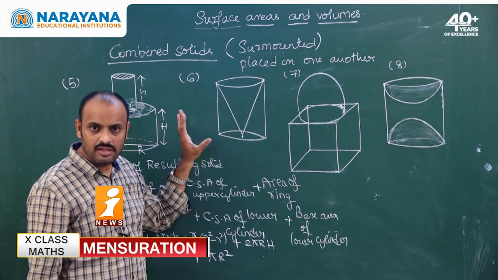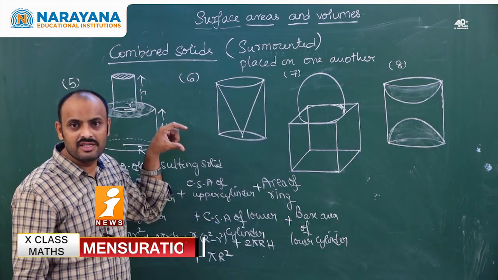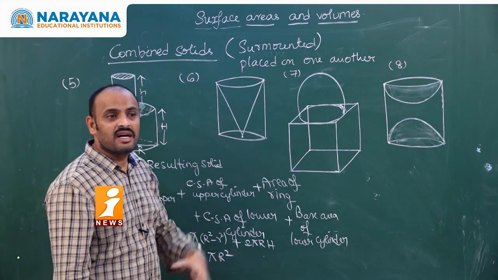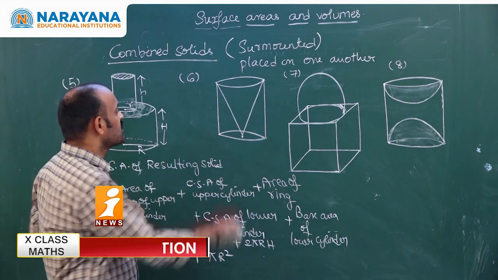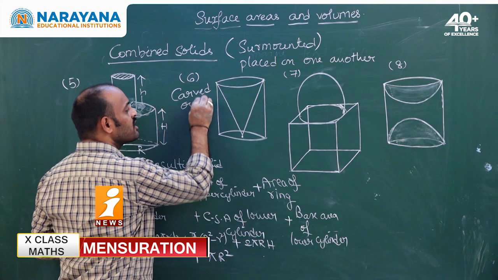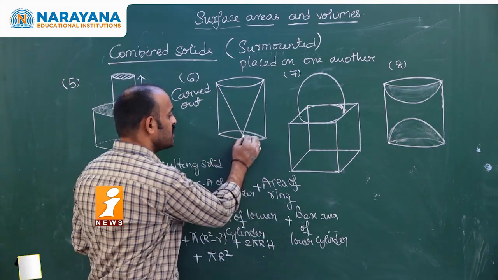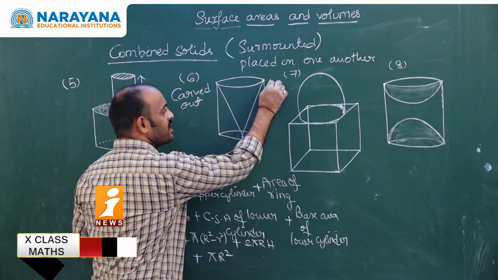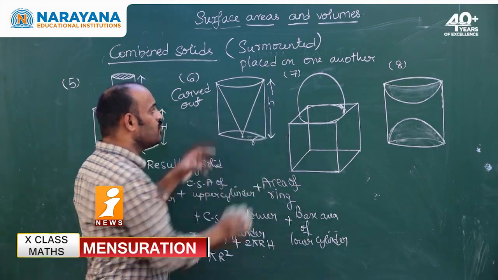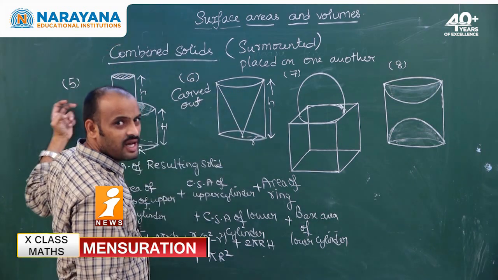From a cylinder of base radius r and height h, a cone is carved out. Carved out means removed. From a cylinder of radius r and height h, a cone of the same radius and same height is carved out.